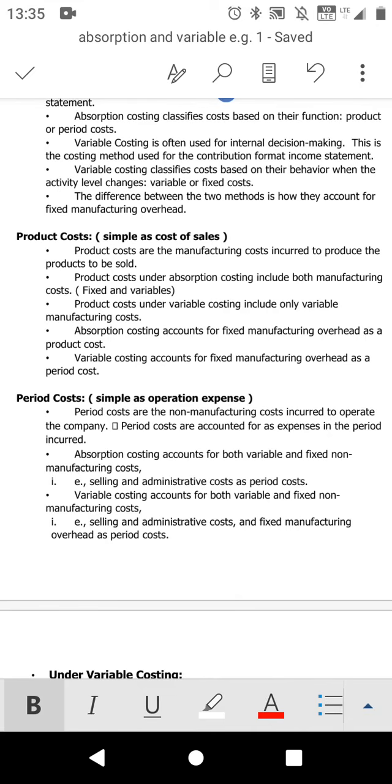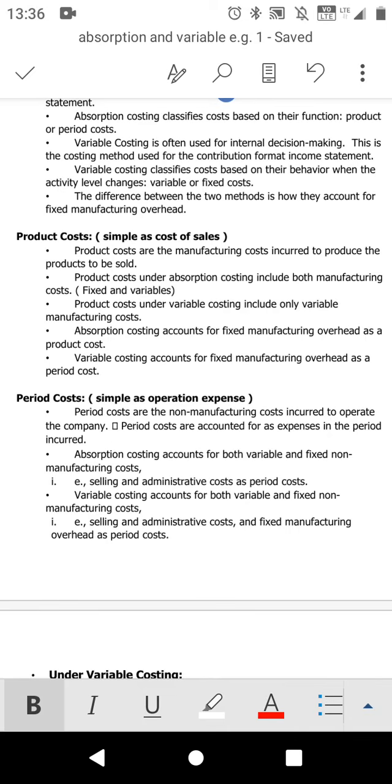Marginal costing is the same; marginal and variable is one method. Absorption costing accounts for fixed manufacturing overheads as a product cost. I think we talked about this one.